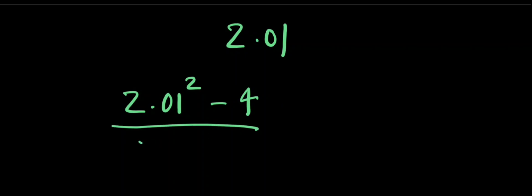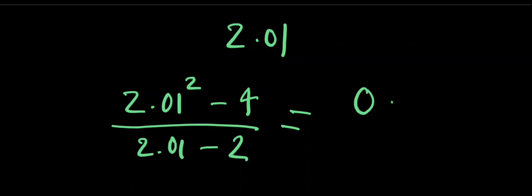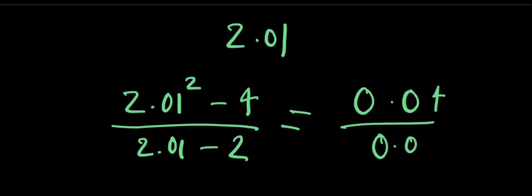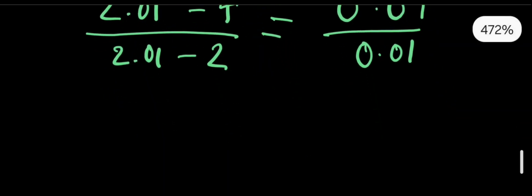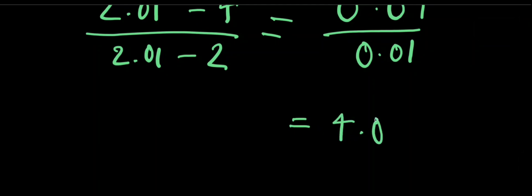If we do that, we'll have 2.01 squared minus 4 over 2.01 minus 2, which when you plug it into your calculator, you will get about 0.04 divided by 0.01, which is 4.01.